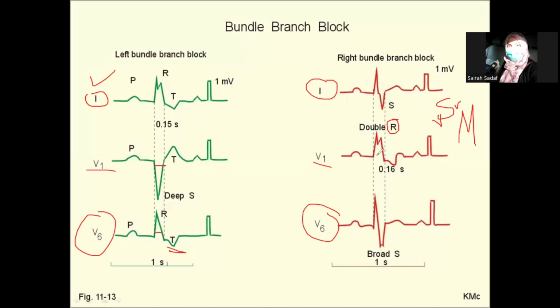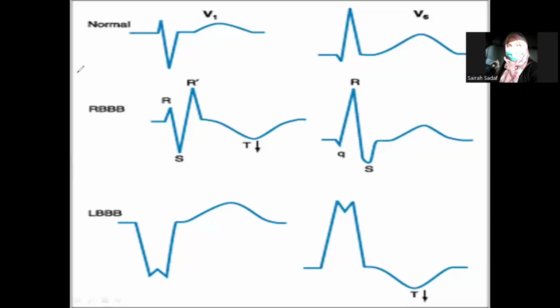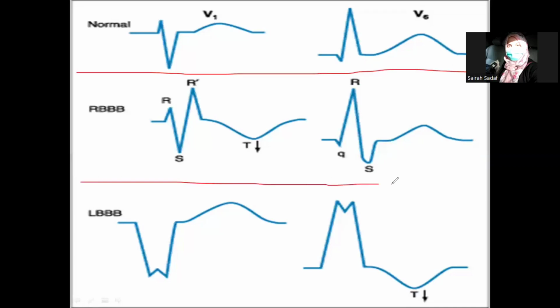So this is right bundle branch block. And as we know, there is usually no S wave or a small S wave in V6, but in right bundle branch block there will be a prominent S wave and it will be very wide in lead V6. Now, as you can see, this is the normal one. This is RBBB and this is LBBB. Okay.